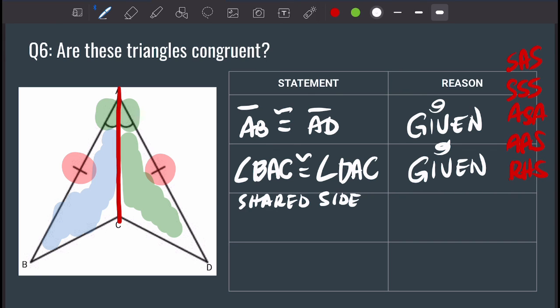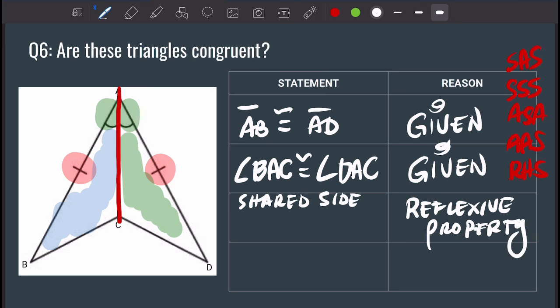If they share a side, it is congruent because of the reflexive property. So line AC is congruent to line AC because of the reflexive property. So I can put 2 strokes over there.